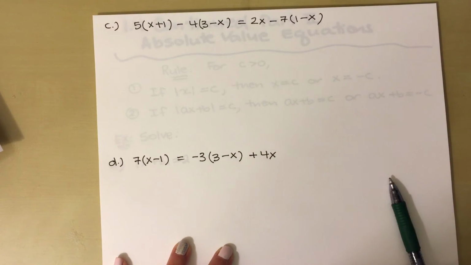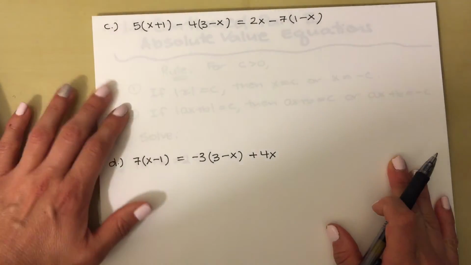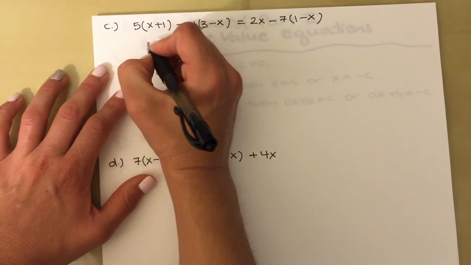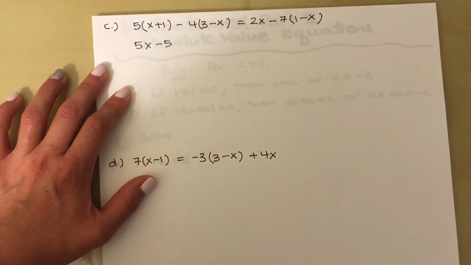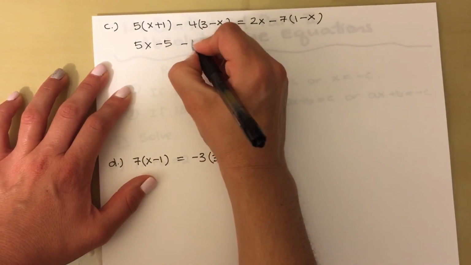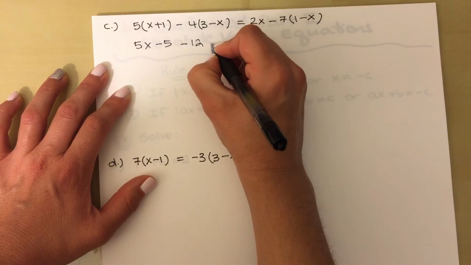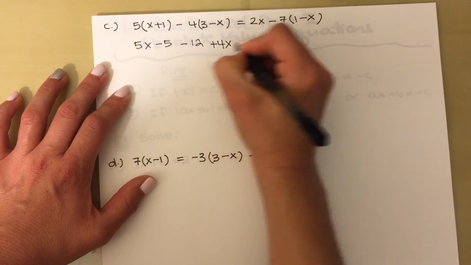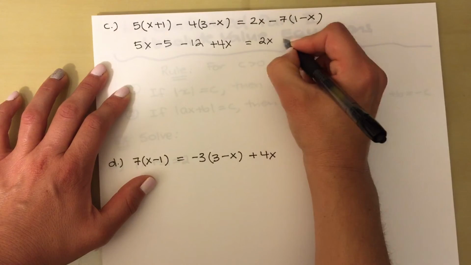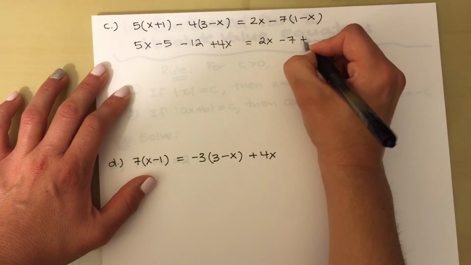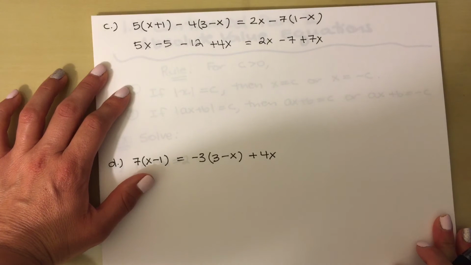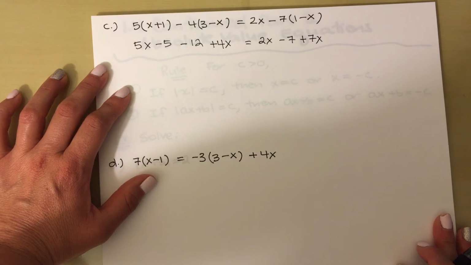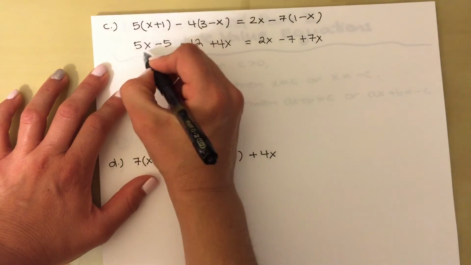So here we have an equation where you see that we've got parentheses, and we want to start off by using the distributive property. So we have 5x minus 5. From here, we are going to combine like terms.